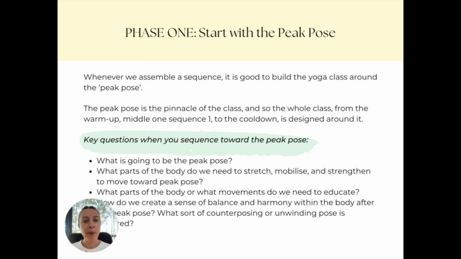Simple. What part of the body do we need to stretch, mobilize, and strengthen to move toward the peak pose? What part of the body or movement do we need to educate? And how do we want to create a sense of balance and harmony within the body after the peak pose? What sort of counter-posing or unwinding poses does the body require?